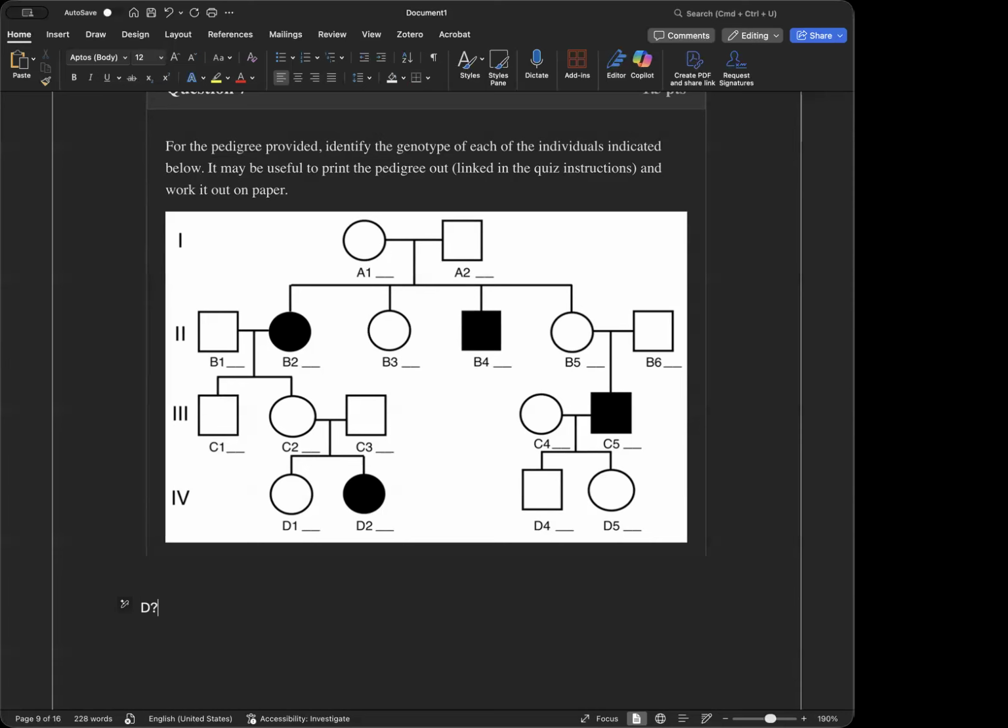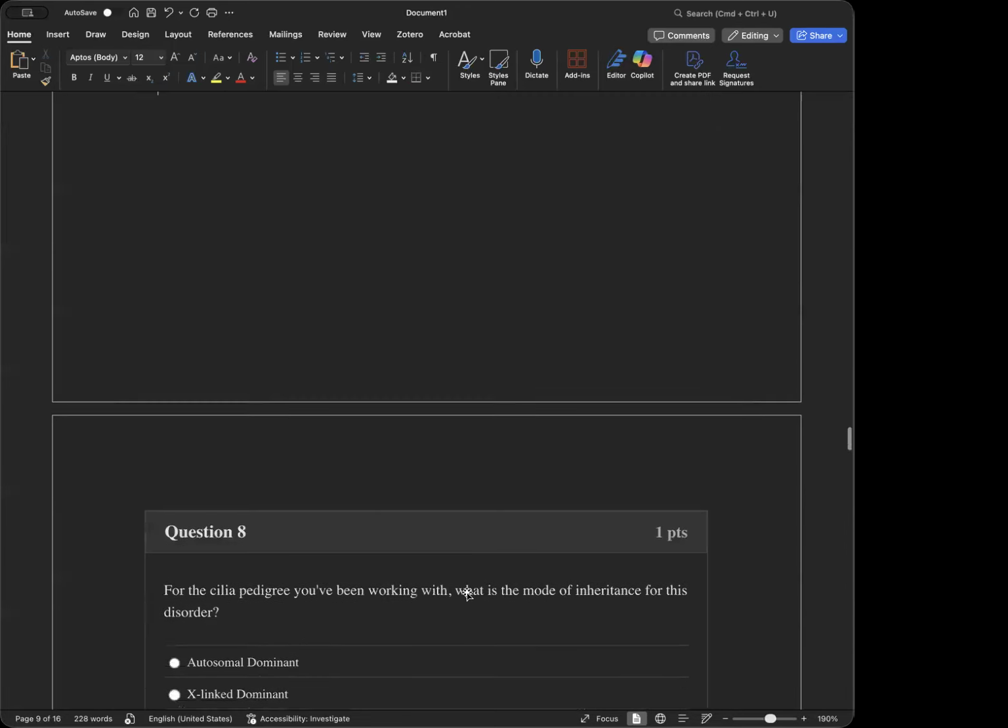So they both have to be carriers. That's the only way that a child will be affected. So in the same way that we can assume that A1 and A2 are carriers, we can also assume that B5 and B6 are both carriers. Using that type of logic, you can go through and determine whether or not each individual is a carrier, whether or not they're affected, and go from there.